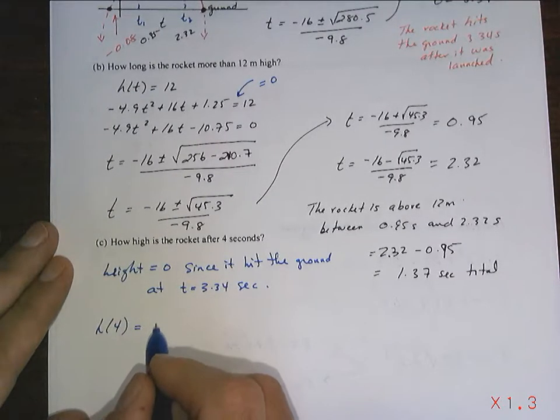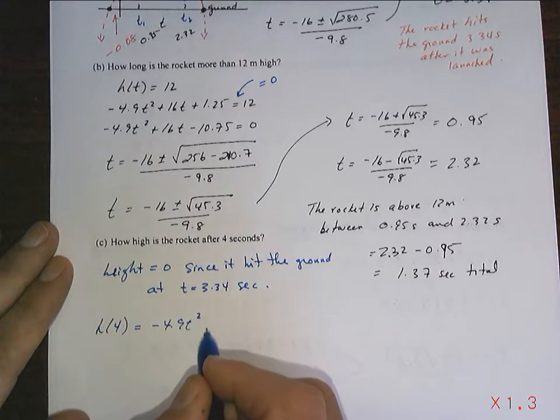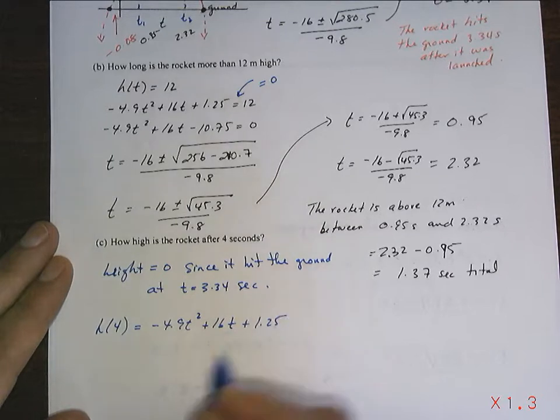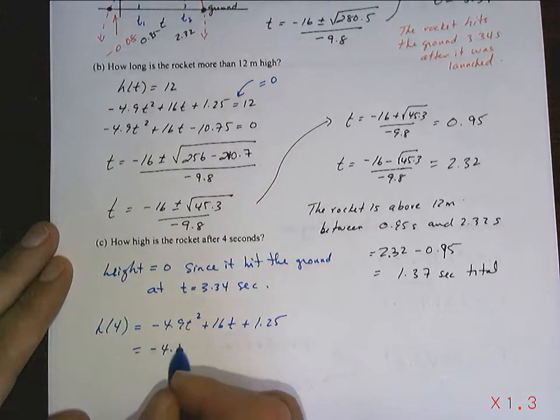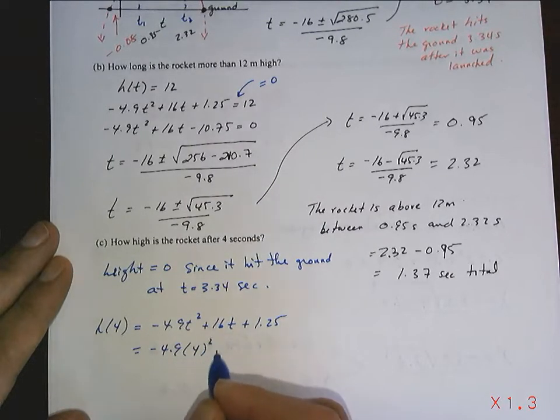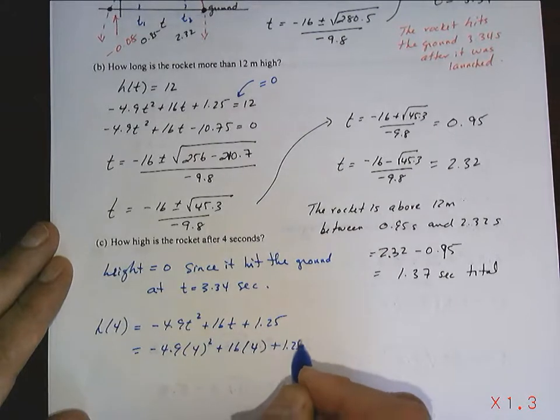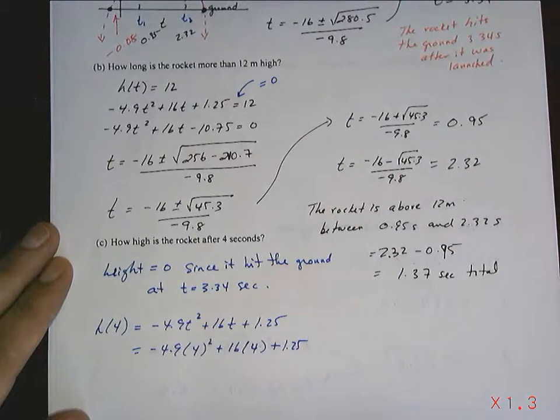Everywhere that there's a t in the equation, which is negative 4.9 t squared plus 16t plus 1.25, which is negative 4.9 times 4 squared plus 16 times 4 plus 1.25, which, once you use your calculator and you go through the whole thing, you come up with an answer of negative 13.15.